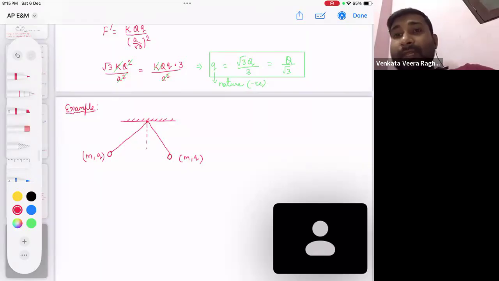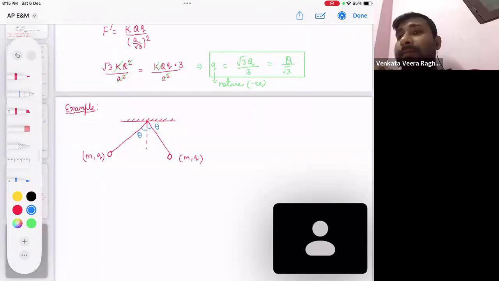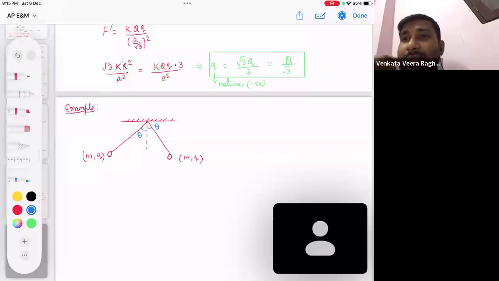So can they stay together, or because of the repulsion will they make some angle theta with the vertical? Please tell me. They will be making some angle theta with the vertical. Is that clear? So now they are asking what should be this angle theta. Understood the question? And as per the question, the length of the string is given to us.